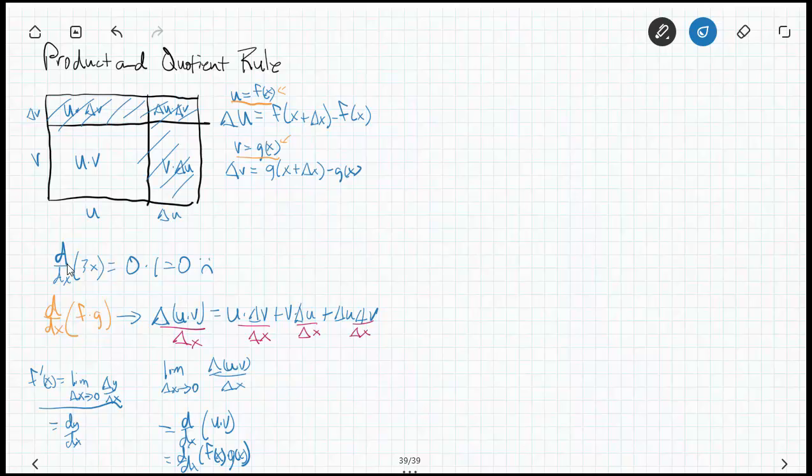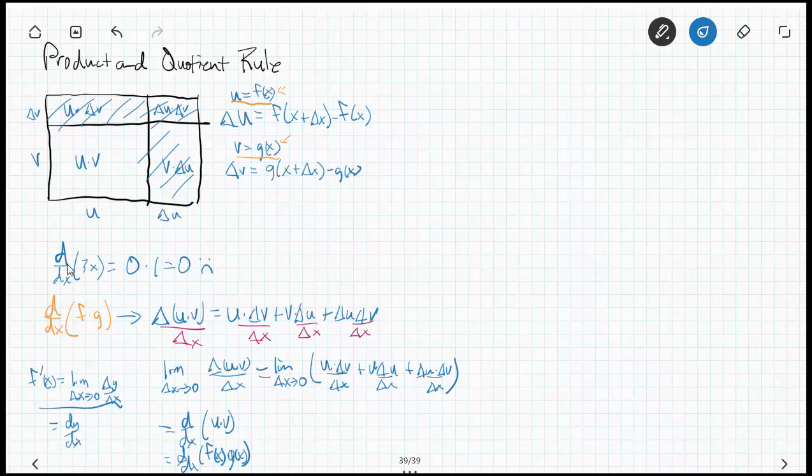That's free of charge. So I'm going to go limit as delta x goes to 0 of u times delta v over delta x plus v times delta u over delta x plus delta u times delta v over delta x. All right, easy peasy.